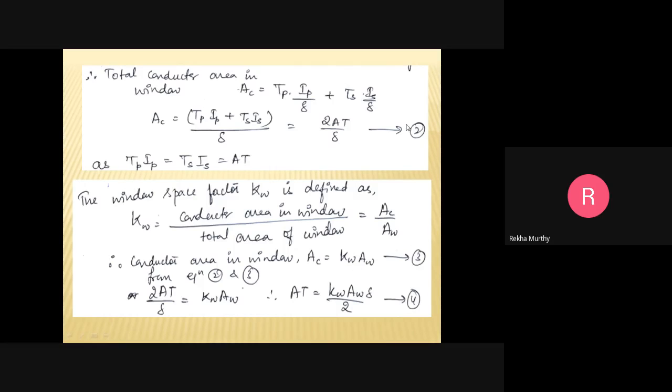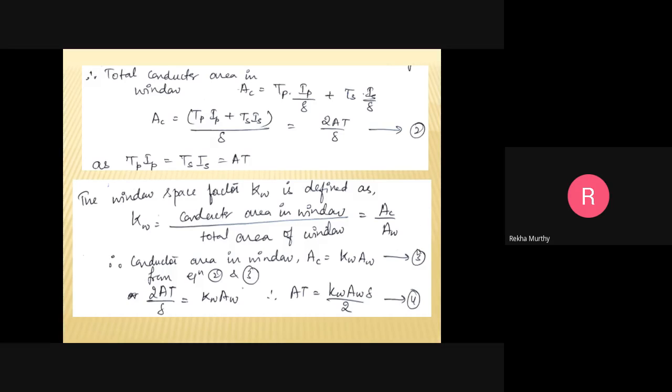Then you need to equate these two. LHS is the same, only the RHS is different. So when you equate them, you'll get the ampere turns. When you solve, you'll get KW into AW into delta divided by 2, after equating equations 2 and 3.